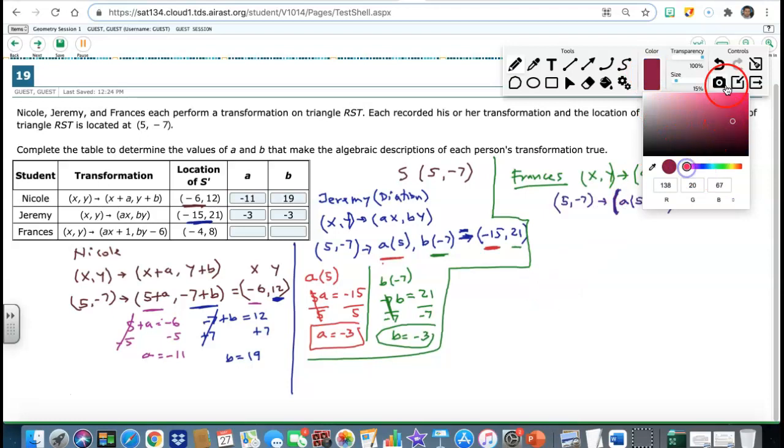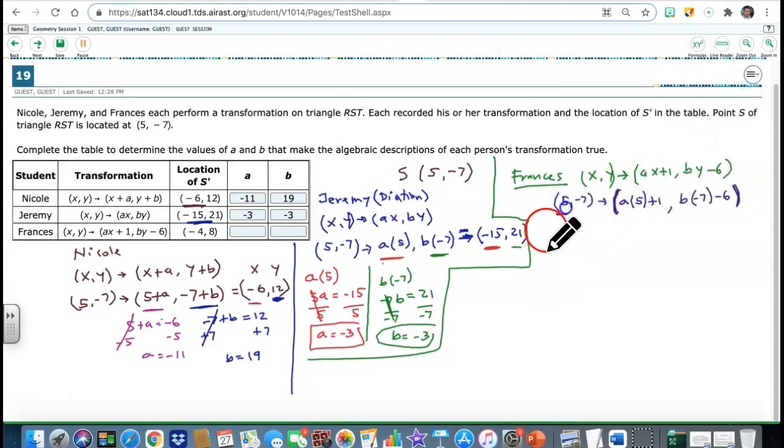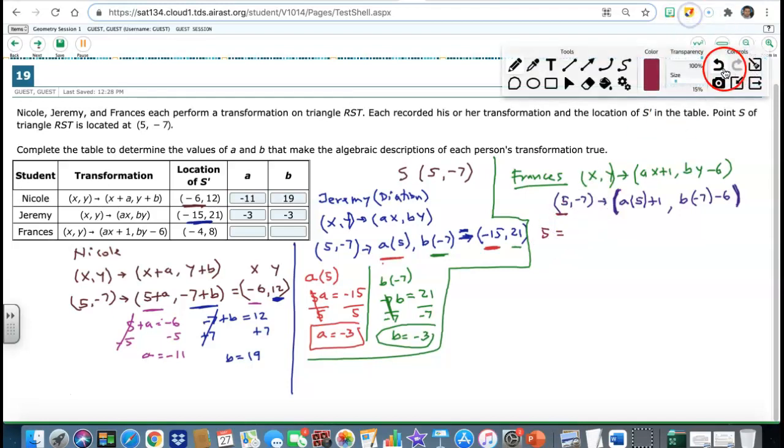Same process. After the transformation, Francis ended up at negative 4, 8.